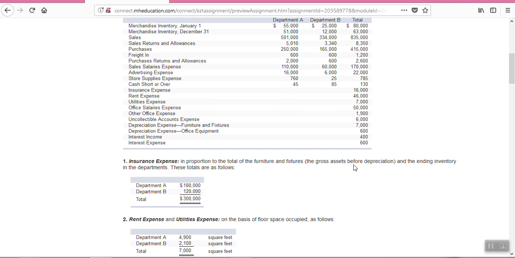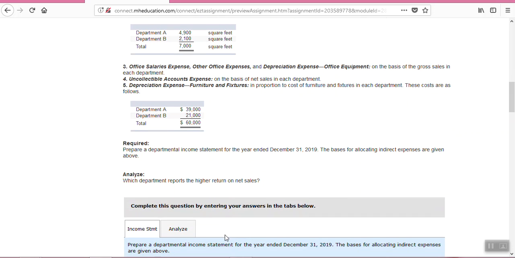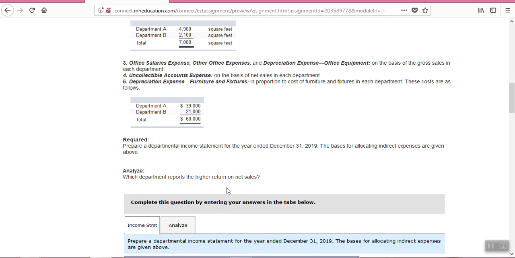We've got some instructions here that tell us how to allocate these expenses that are not allocated. We're going to look at that in just a minute. All of these are instructions on how to allocate, and then it says to prepare a departmental income statement for the year.